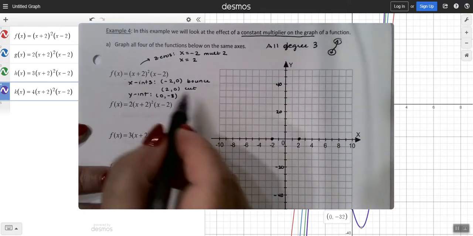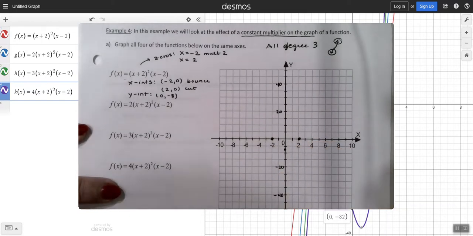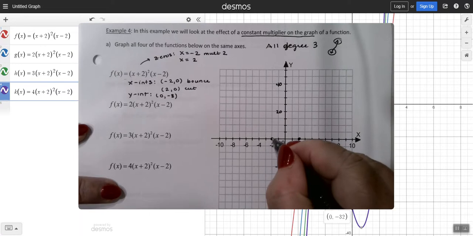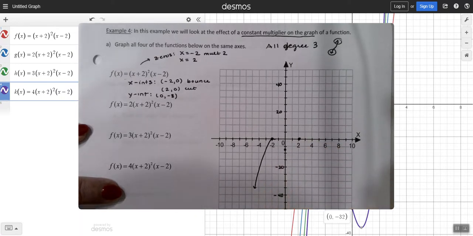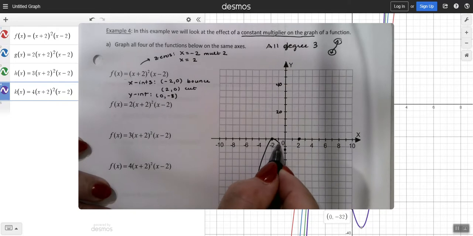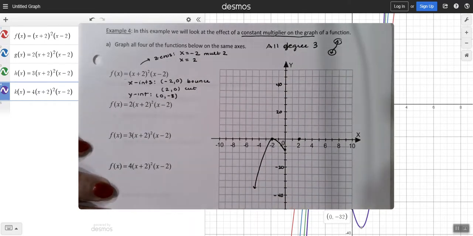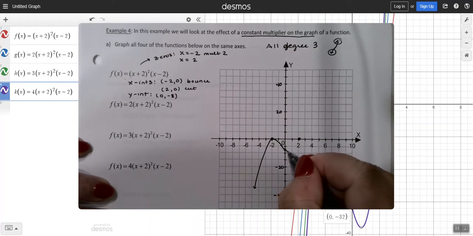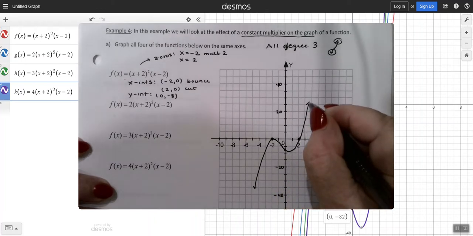My original y-intercept was at -8, so about here. And we saw what we expected, right? We saw our graph come up and just touch and bounce off at -2. We came down here through that y-intercept and then back up through the x-intercept.